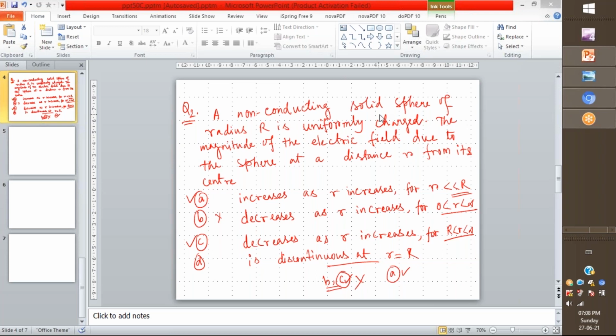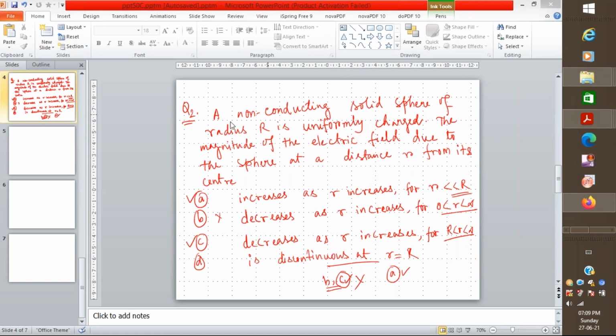In a conductor, we don't have charge inside. So I think that's why they have mentioned this non-conducting solid sphere. Otherwise, all the charges will be on the surface. For a conductor, all the charge resides on the surface.